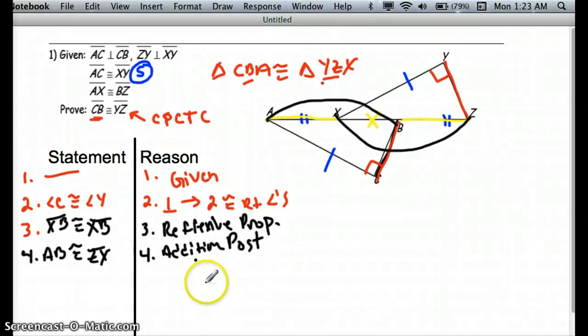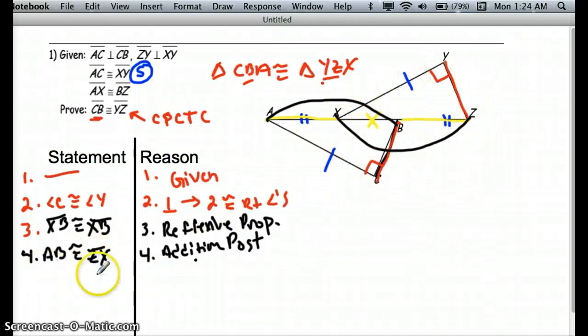Okay, so what we have here is a right triangle, and we have an angle here that's congruent to an angle, that's right triangle, but we have a leg and a hypotenuse. It's a leg and a hypotenuse congruent to a leg and a hypotenuse.